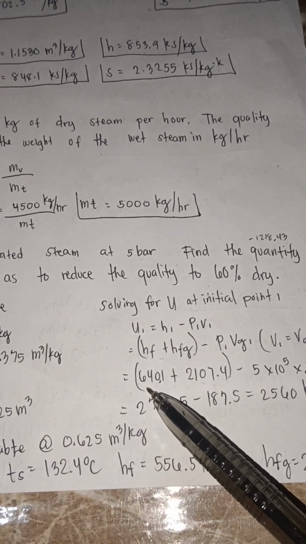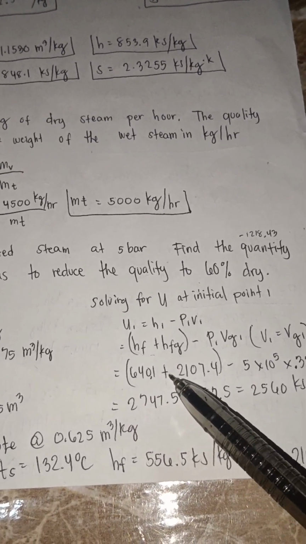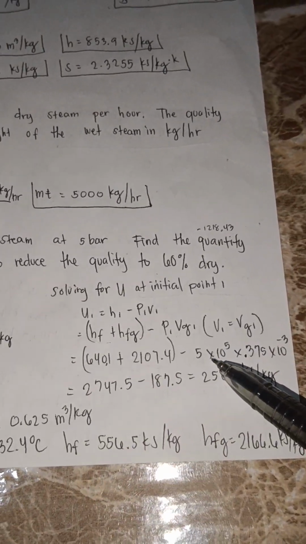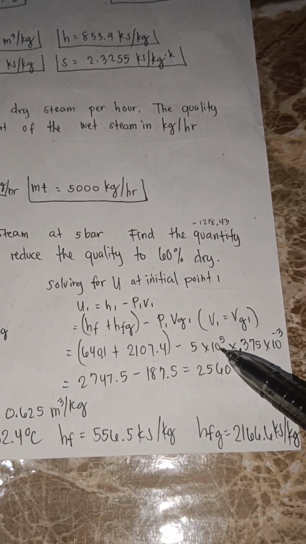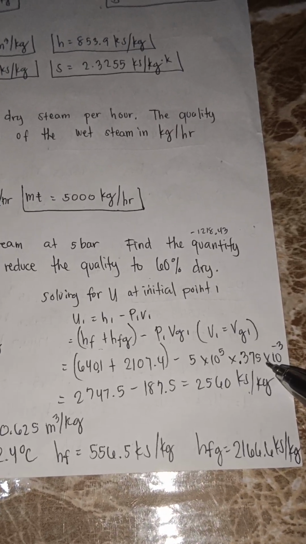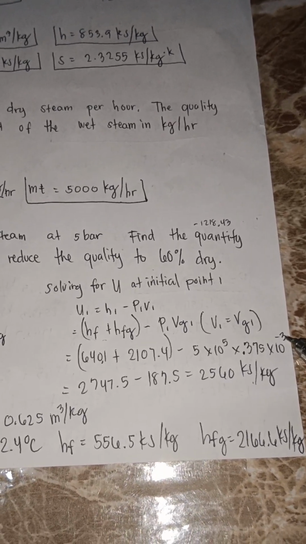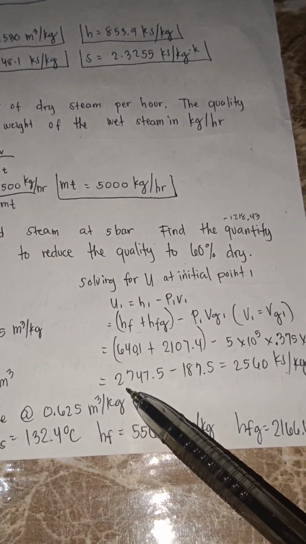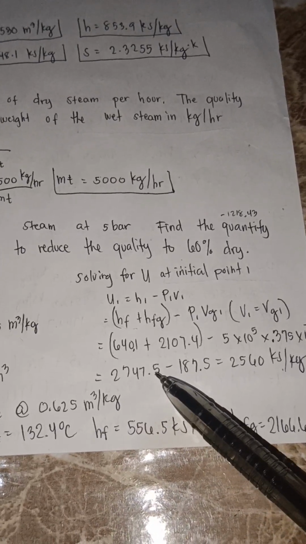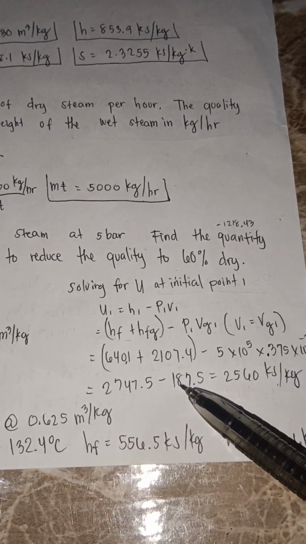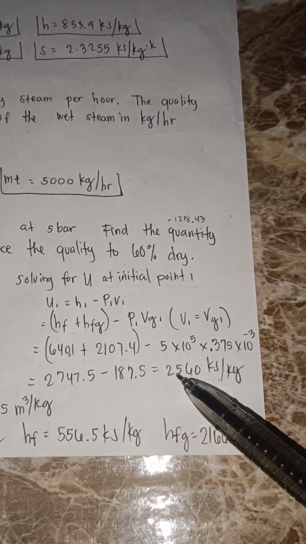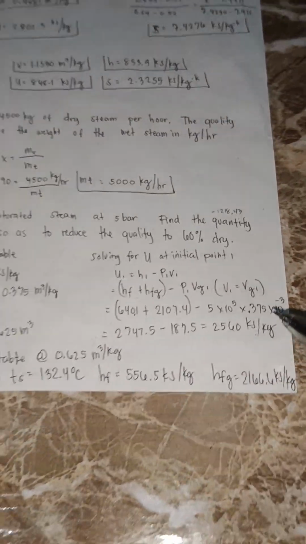Substitute the given values: 640.1 plus 2107.4 minus 5 times 10 raised to the power of 5 times 0.375 times 10 raised to the power of negative 3. So 2747 minus 5.5 minus 187.5 is equal to 2560 kilojoules per kilogram.